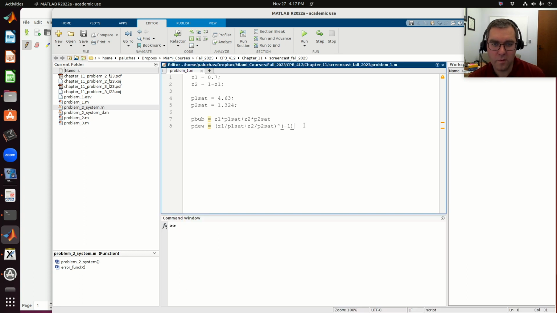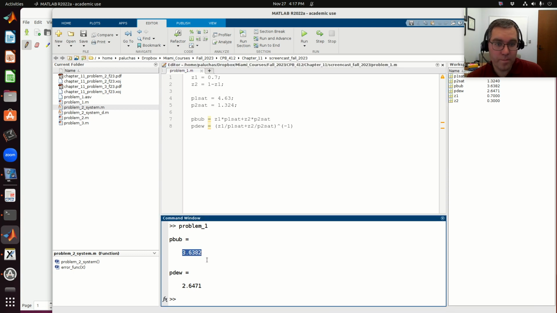So running this, P bubble is 3.6382, and P dew is 2.6471.